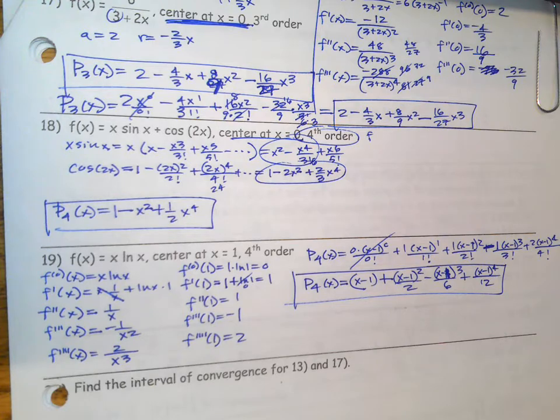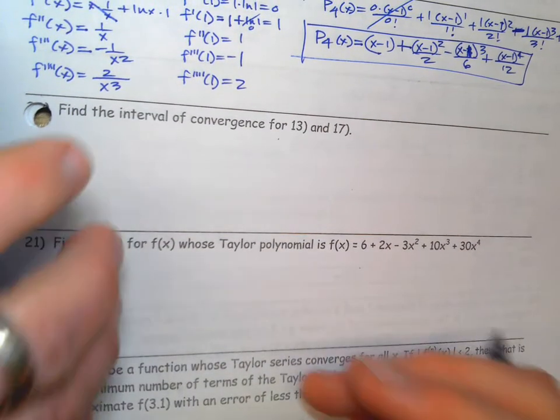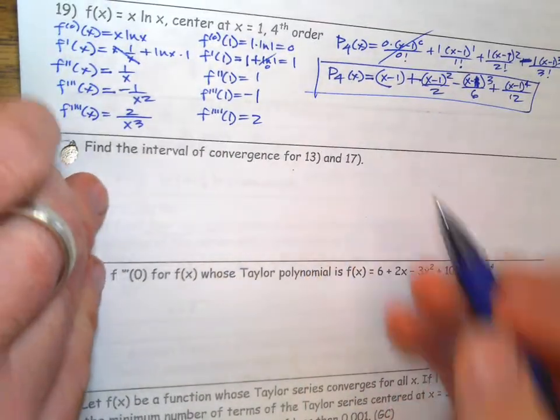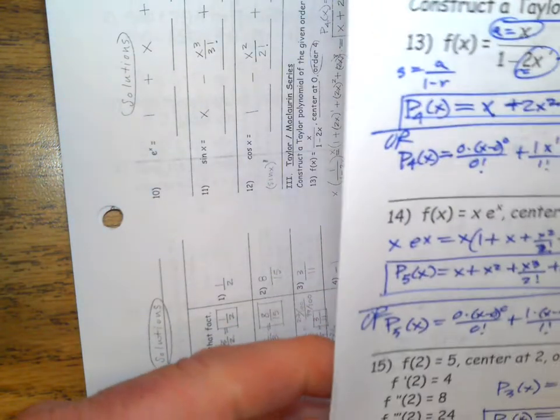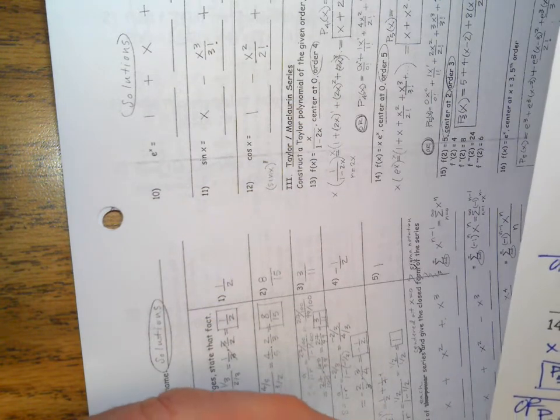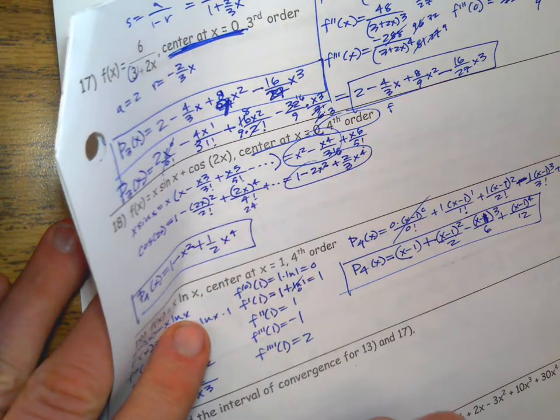Now, on part 3 of the test, you're going to have to do like all these other random things. Interval of convergence for 13 and 17. So 13 had an R value of 2x, right?